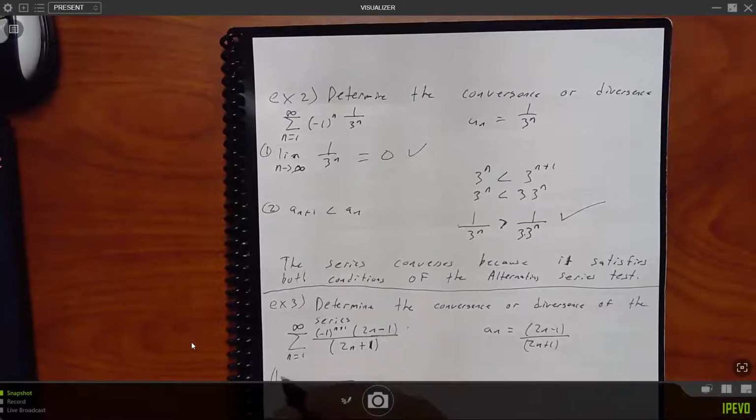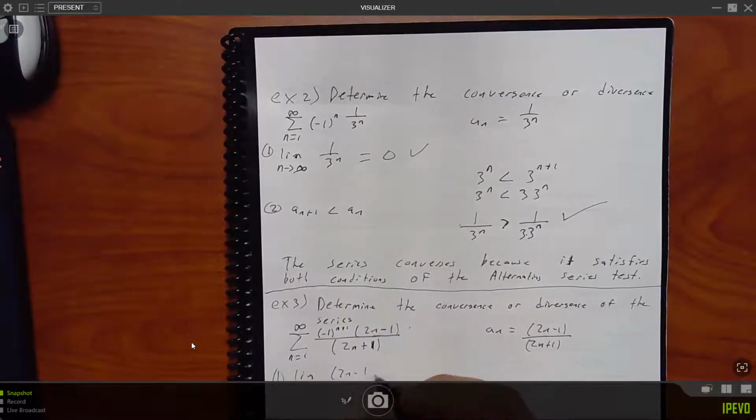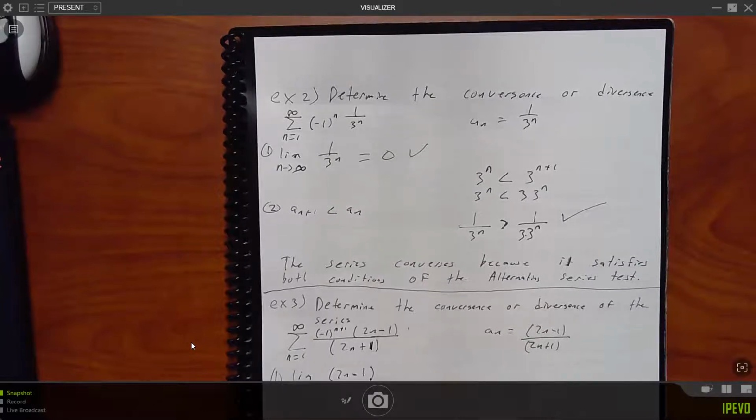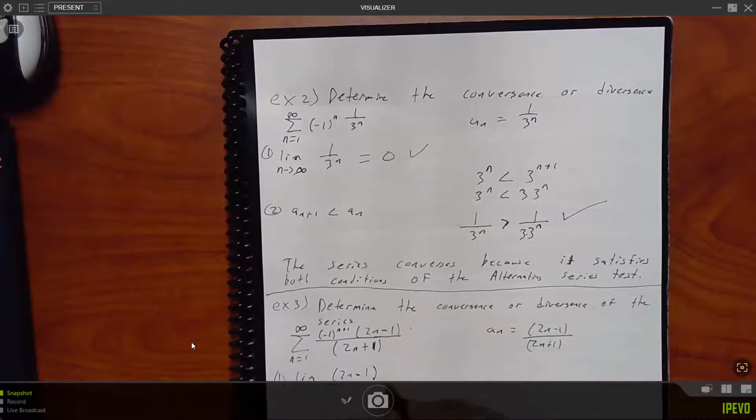So number 1, let's check the limit. You should always check the limit no matter what test you're doing, because remember how we said if it's not 0, then automatically it's going to be divergent for the other types. For alternating it's a little different.